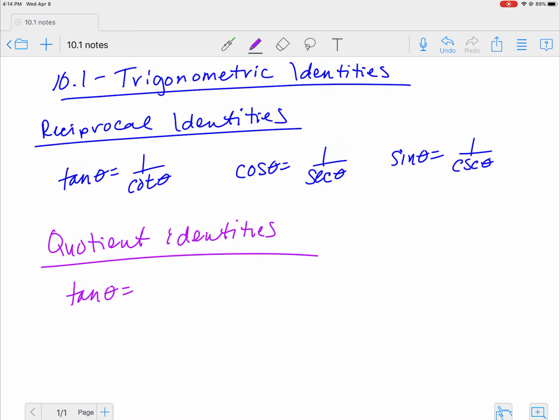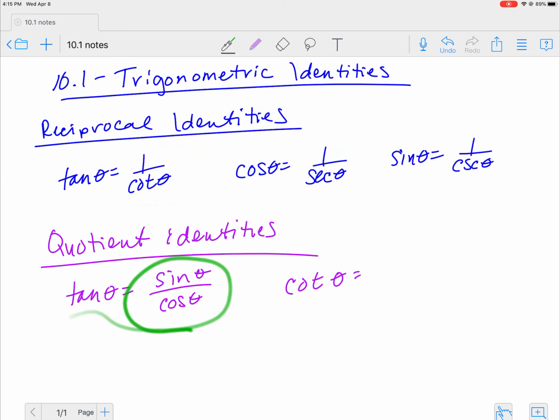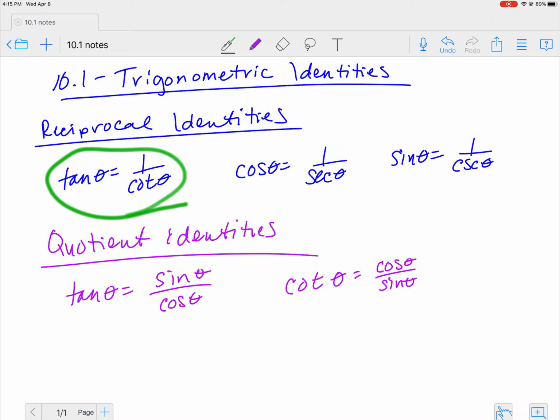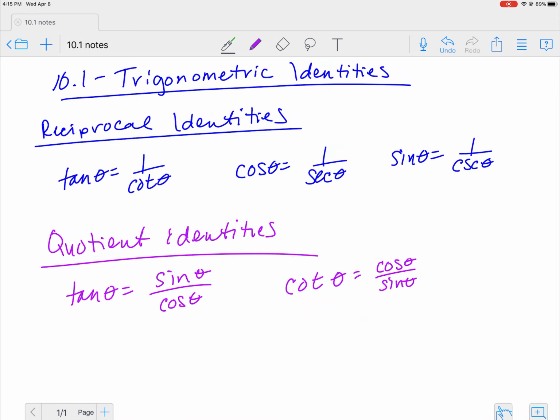All right. Quotient identities. You have tangent is equal to sine over cosine. And cotangent, notice up here, tangent and cotangent are reciprocals of each other, so if tangent is sine over cosine, then the reciprocal of that is cosine over sine.